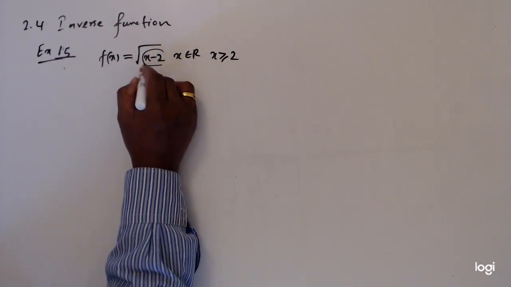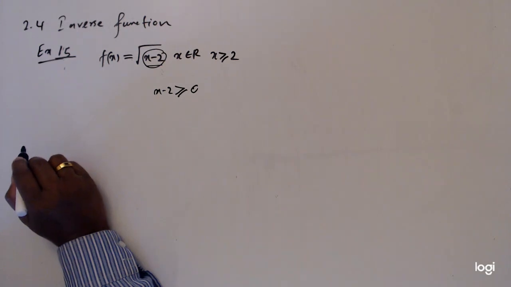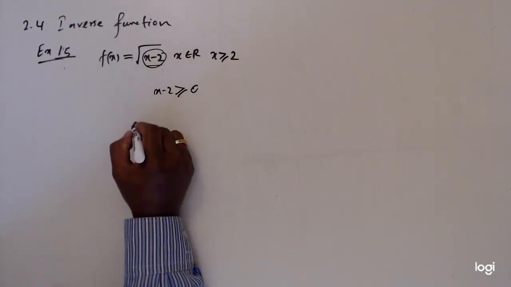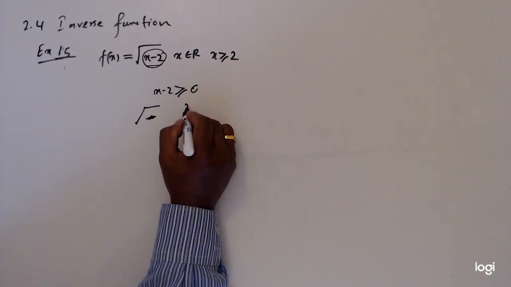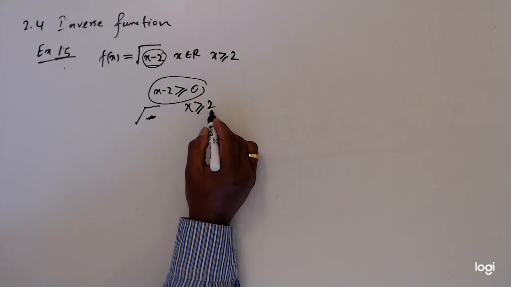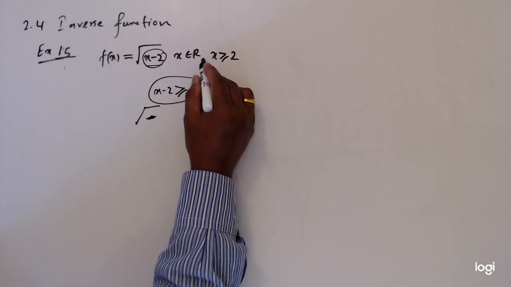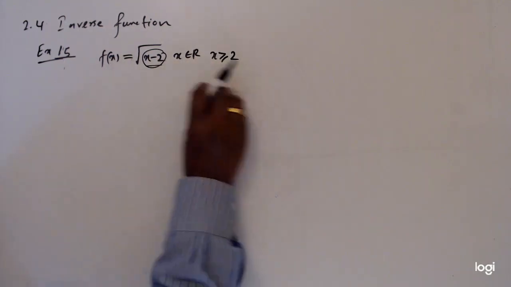So this value x minus 2 has to be greater than or equal to 0 because a square root cannot be negative. As a result, when we solve this, x is greater than or equal to 2. That's why the domain mentions x greater than or equal to 2.